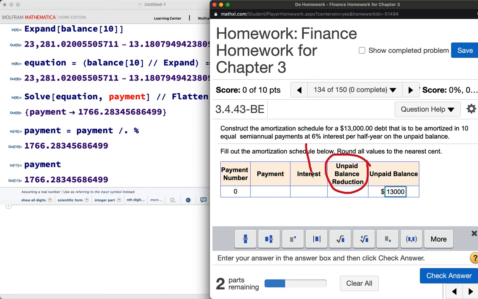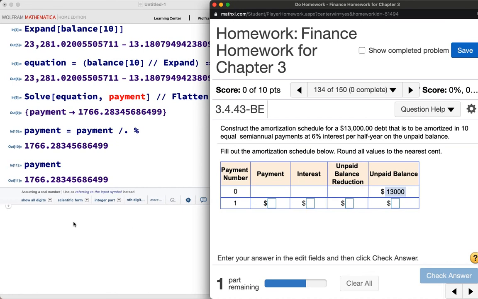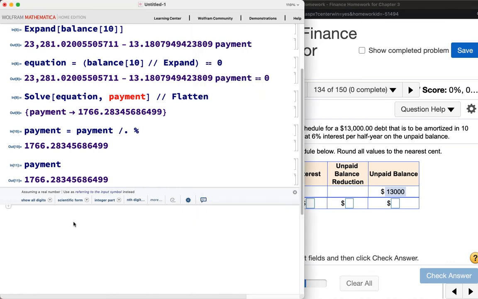Because if you add this number plus this number, you are going to get the payment. You'll understand this a little better when I go through the problem. So let's see if we're okay with that. Okay, fantastic. Let's create this table.